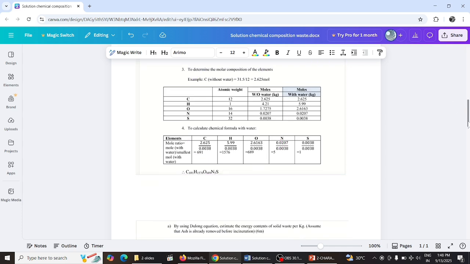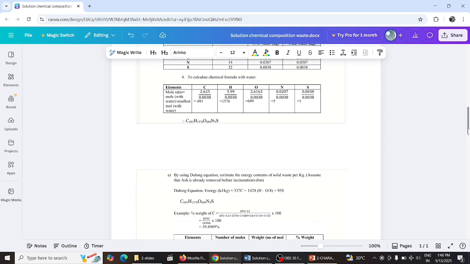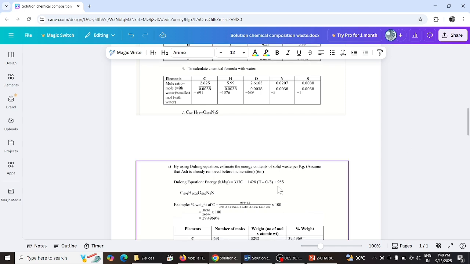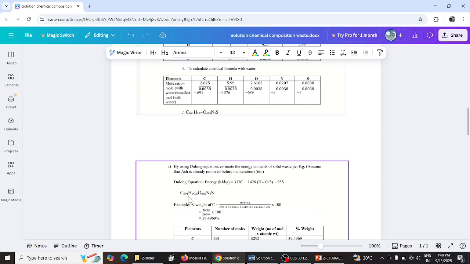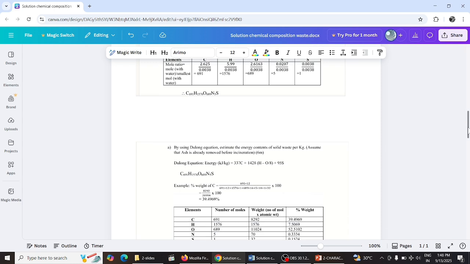Okay, so you can see here there is a little bit of difference. So here all the numbers are close to whole values. We don't need to approximate them. If we were getting decimals, then we would make approximations. So here you can see this is 691, 1576, and this is oxygen, and sulfur in both cases, with water and without water, is the same.